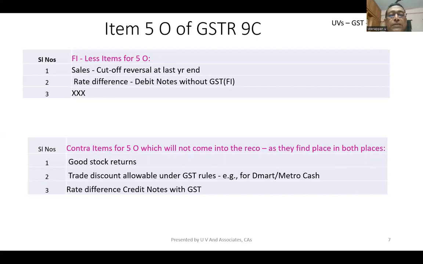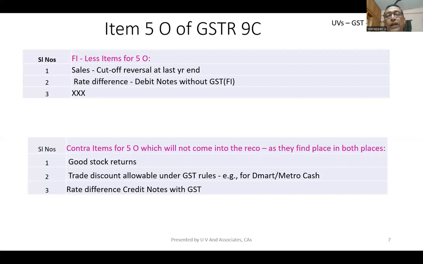Next comes trade discount allowable under GST rules. See, in the case of sales to DMart or Metro Cash and Carry, such big customers, the companies would have already entered into some agreement on price front. If they lift so much quantity in this month, they will give these discounts.